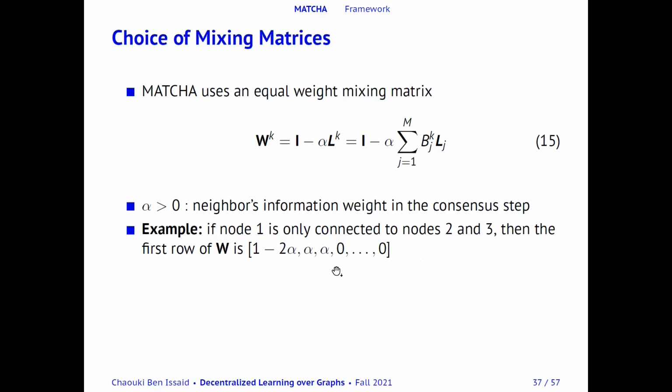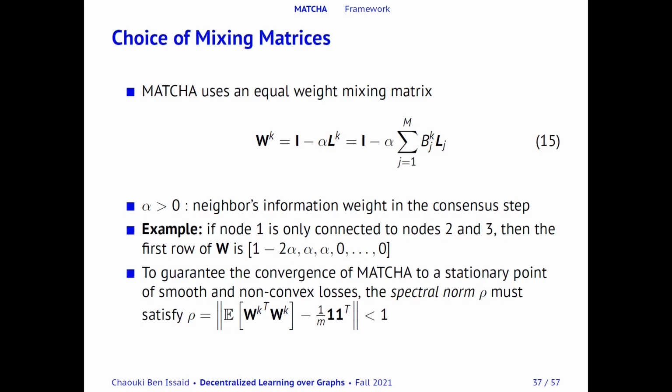And because we need to have the sum of the weights equal 1 for each row, the first weight associated to node 1's model is given by 1 minus 2 alpha.